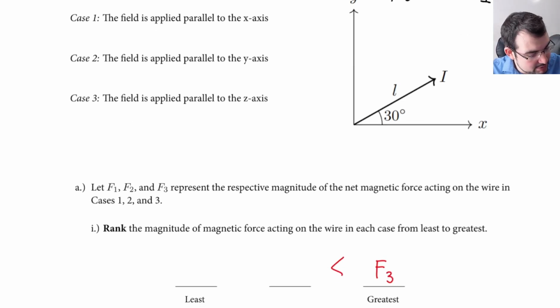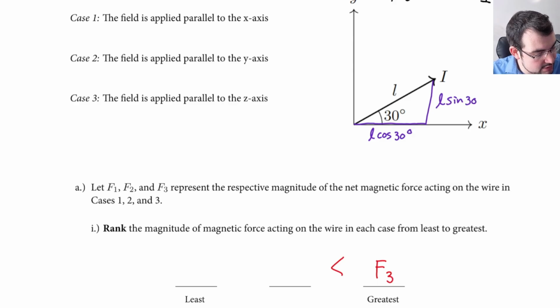You get the full power of BIL in the Z direction. Now we have to compare X and Y. This is why the angle was actually important. We'll need this for the future: this is going to be L cosine 30 degrees, and this is L sine 30 degrees. But the fact that the angle is less than 45 tells you that this wire is more flat than vertical.